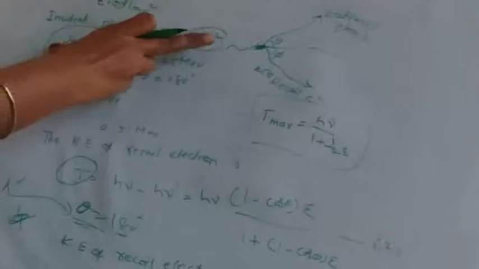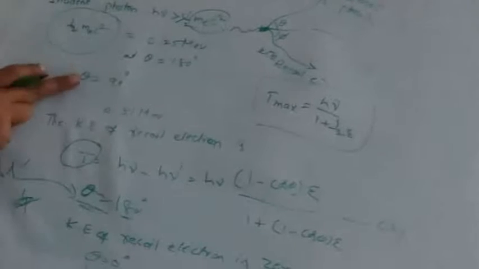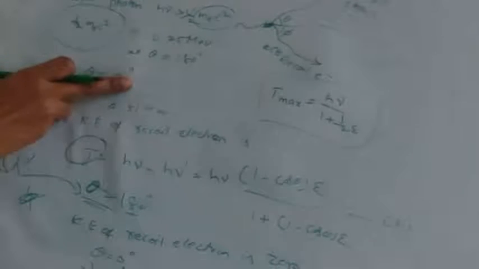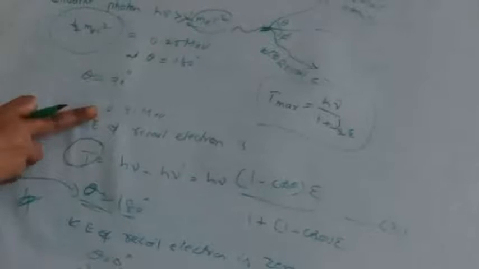Here we have considered the photon energy exceeds the constant m0 c square, then its value becomes 0.25 at an angle theta equal to 180 degrees, and at theta equal to 90 degrees, what will be the incident photon energy? That is 0.51 mega electron volt.